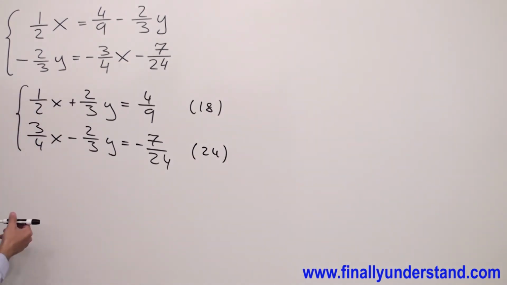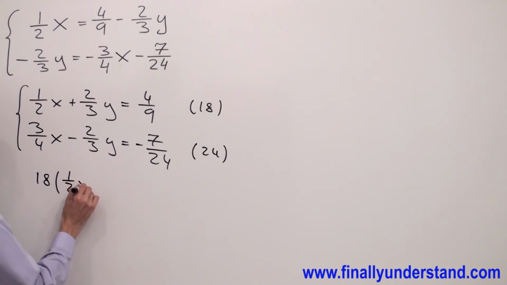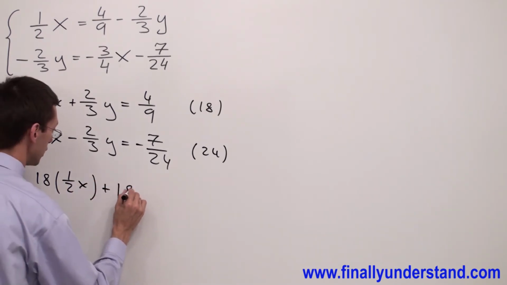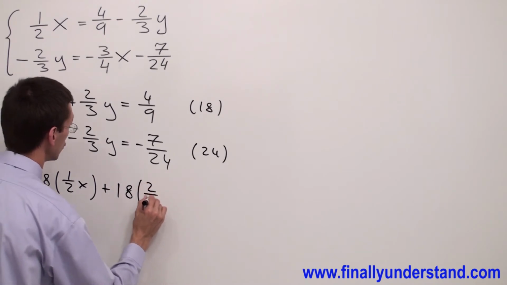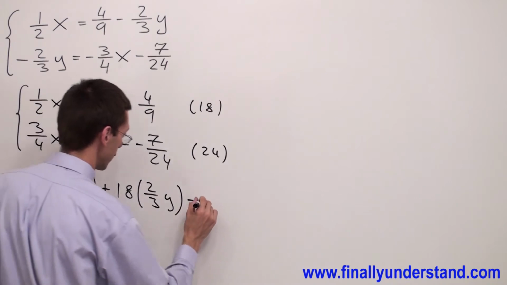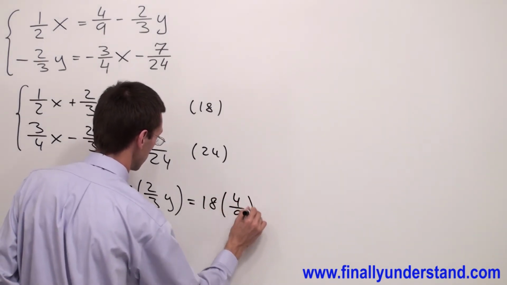Now let's perform the multiplication by simply multiplying every single term by 18. So I have 18 times 1/2 x plus 18 times 2/3 y equals 18 times 4/9.